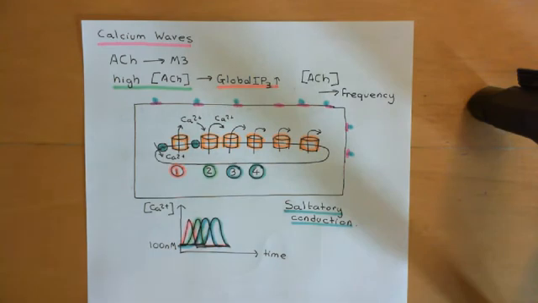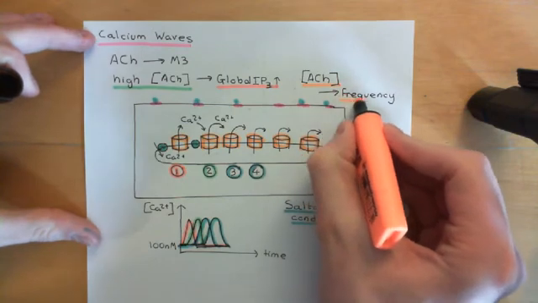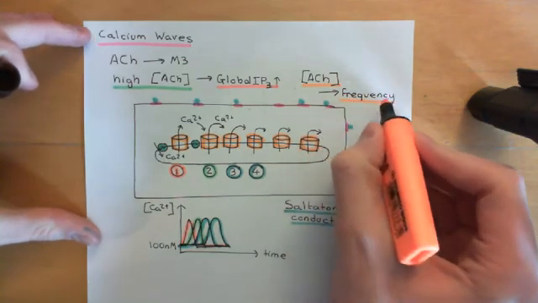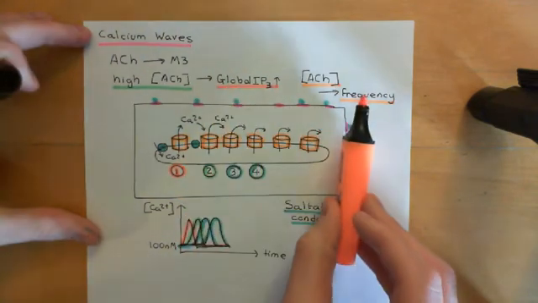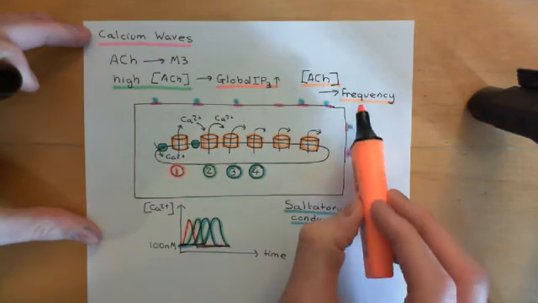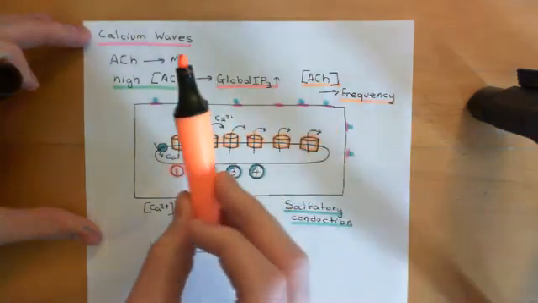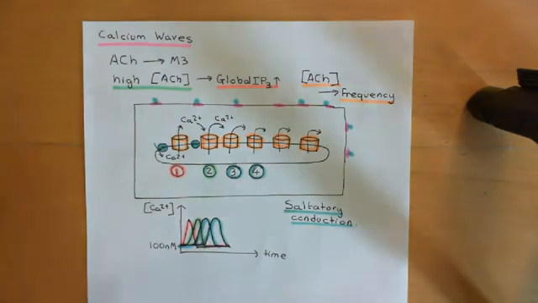The frequency means how commonly calcium waves occur. It's related to how long you have to wait between one calcium wave and the initiation of the next. If you have to wait for ages, then that's a low frequency. If you have to wait hardly any time at all, then that's a high frequency. The calcium waves are occurring very frequently.